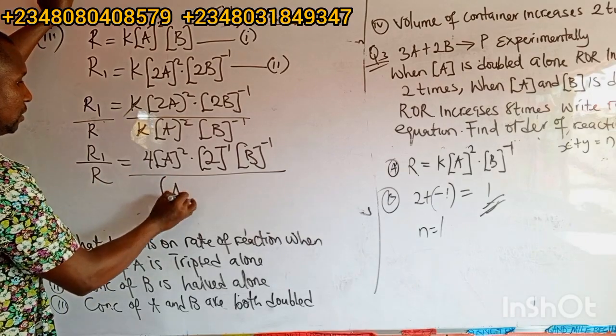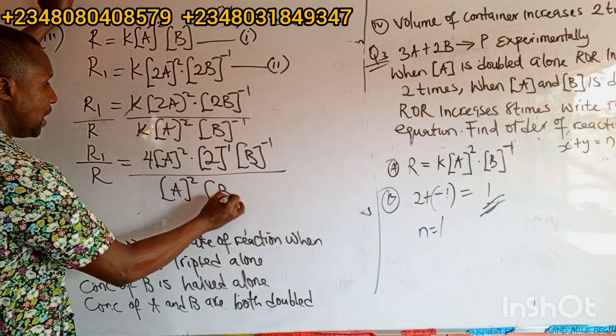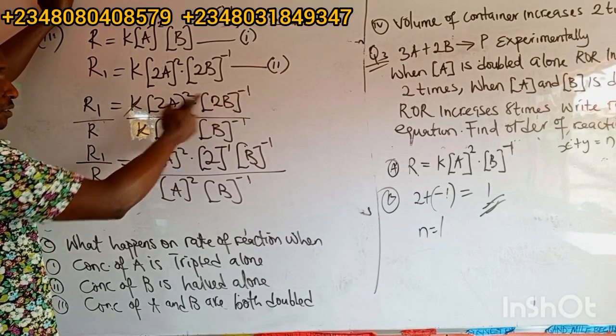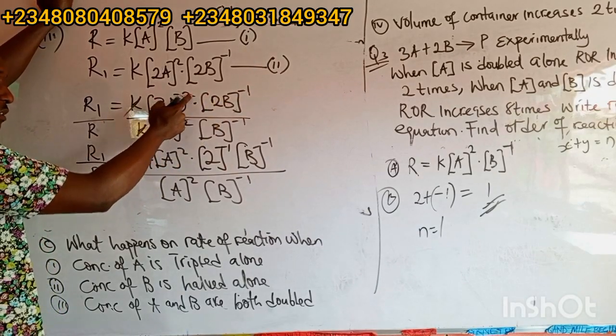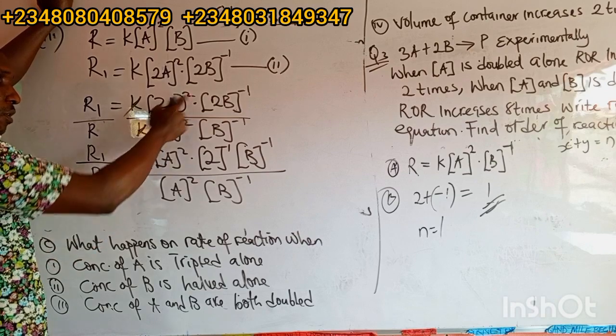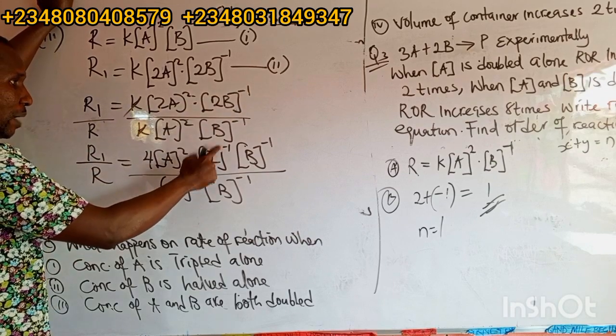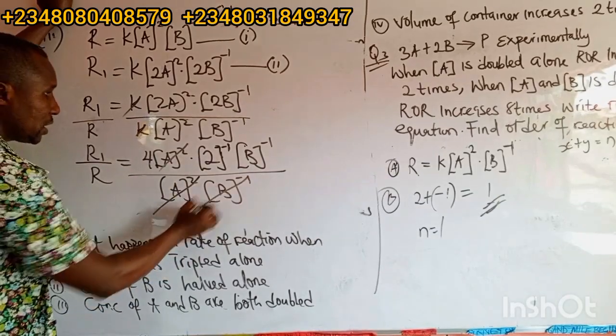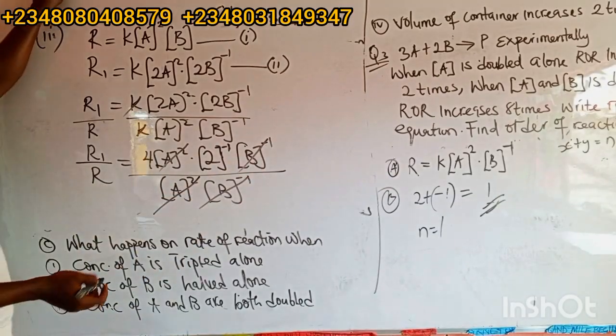Everything, you have A raised to power 2, B raised to power minus 1. This 2 squared is 4, then this one we have 2 raised to power minus 1. Then this cancels this, this cancels this. That's what you have.